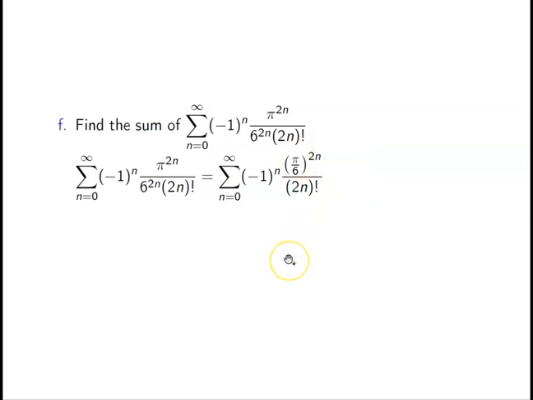This looks a lot more like cosine. And it's just if I were to plug in pi over 6 into cosine. So instead of looking at all these values and trying to add them up, right, I can just plug in pi over 6 into cosine, which is root 3 over 2. Okay. So try not to get hyper focused on trying to expand things and look at everything. Sometimes you got to step back and just play with the sequence in general.